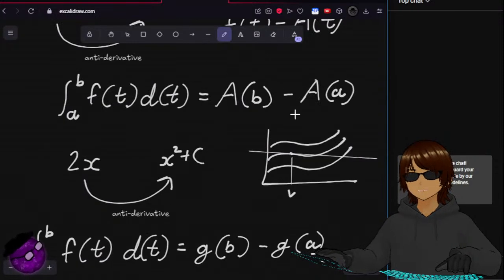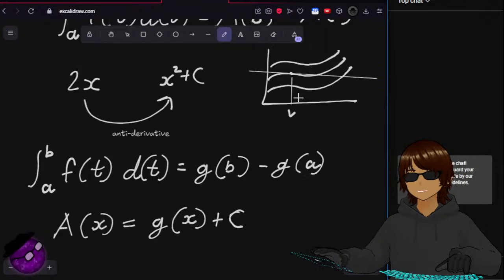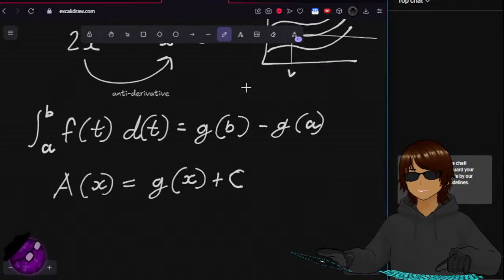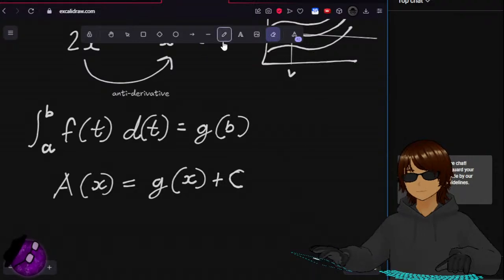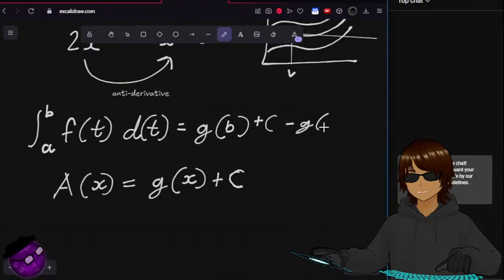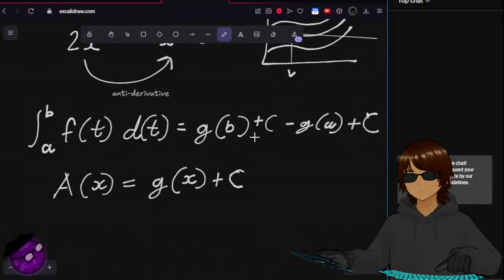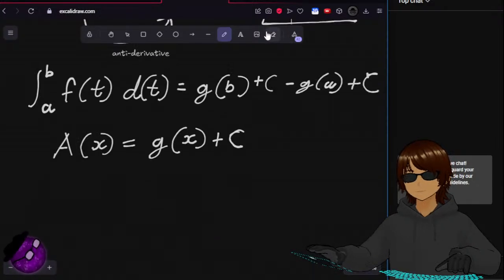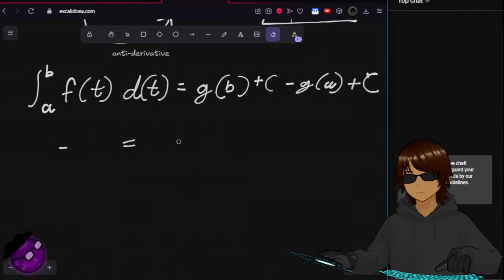So if we expand this, plus c, and then plus c again, the two c's cancel out.